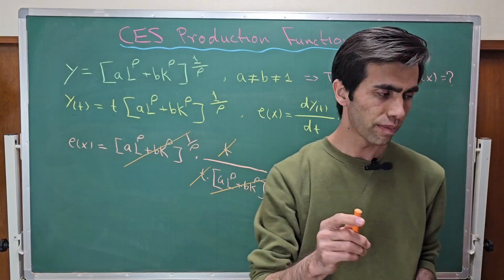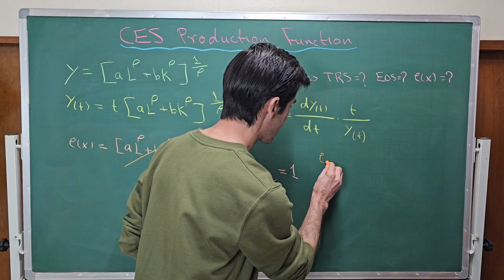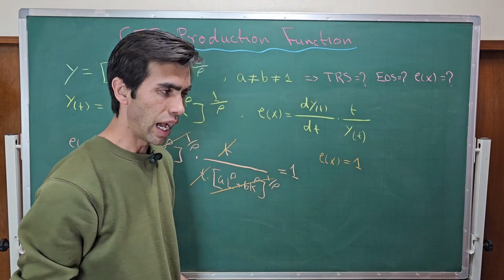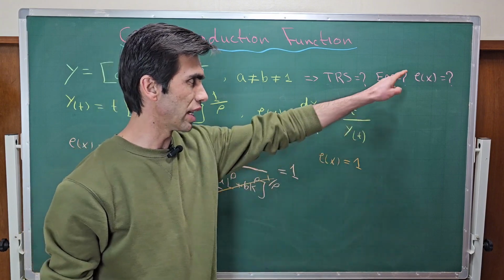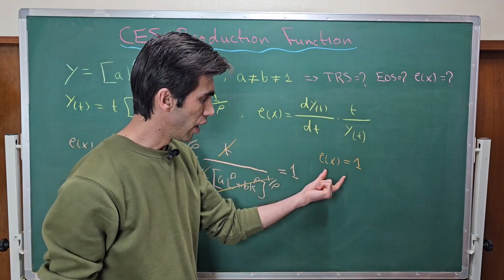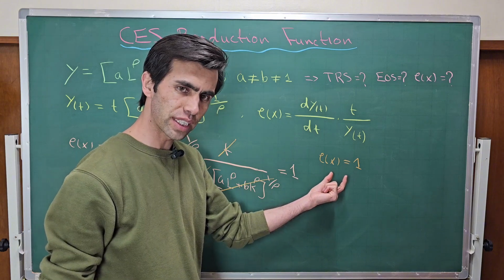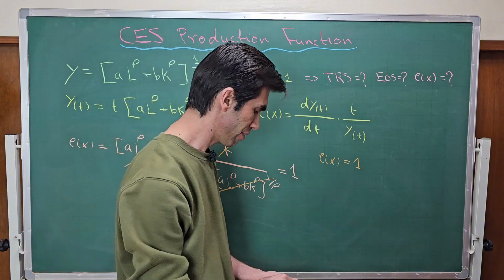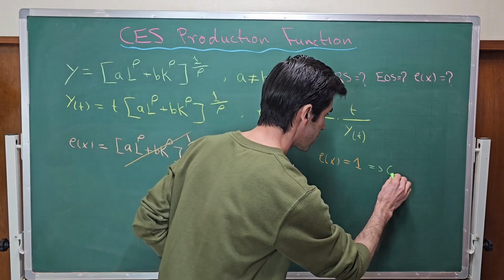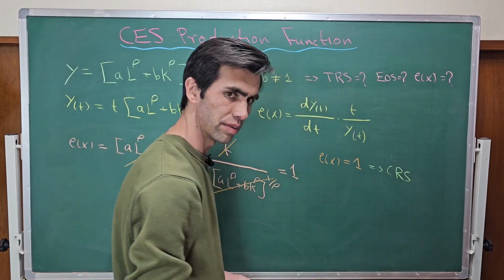So finally, Ex becomes equal to 1. And from the video where we talked about the elasticity of scale in general and the formula introduction, we came to the conclusion that when the elasticity of scale is equal to 1, we have a constant return to scale production function.